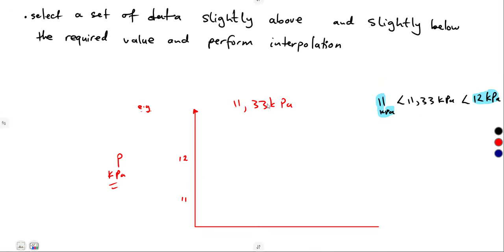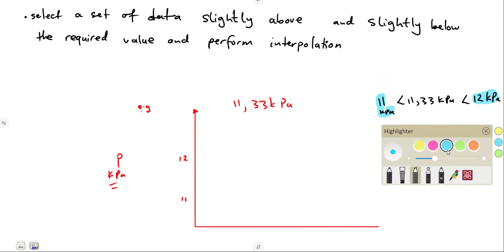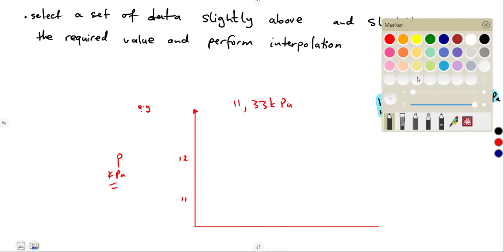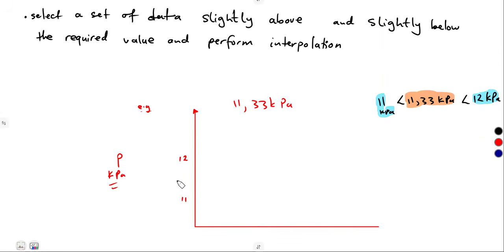So the 11,33, remember, is found in between these two. This is our 12, and in between, let us just say we've got 11,33.